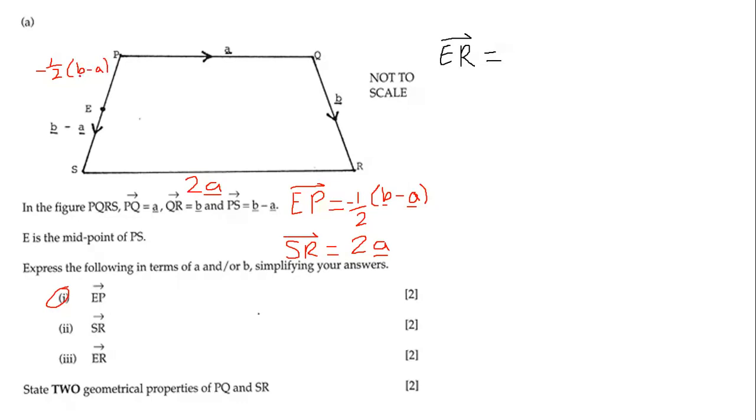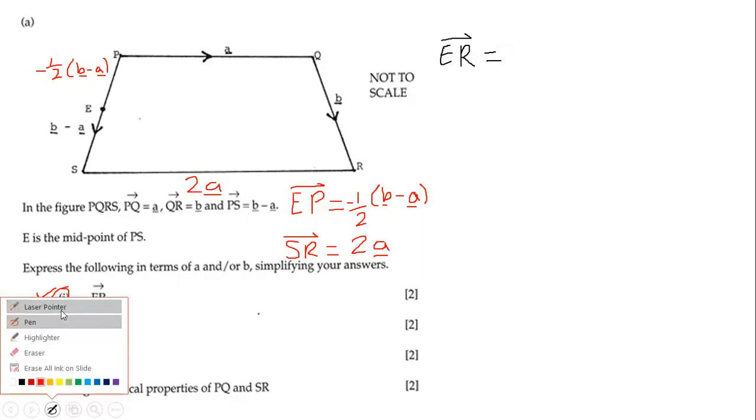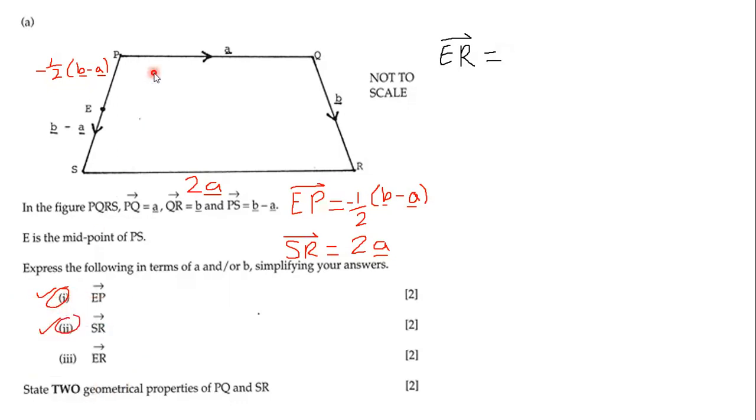Okay, with that in mind, let us consider ER. In the previous video, I began to do ER, but I didn't finish, and so let us consider what ER is. ER means that we start at E and we end at R. There are different ways to do that.